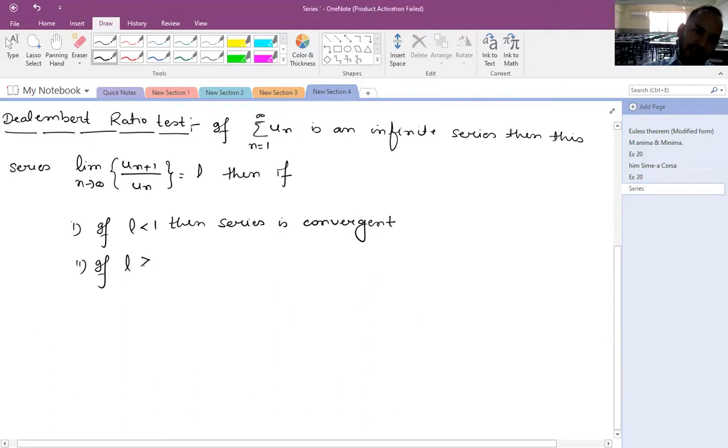If L is more than 1, then the series is divergent.